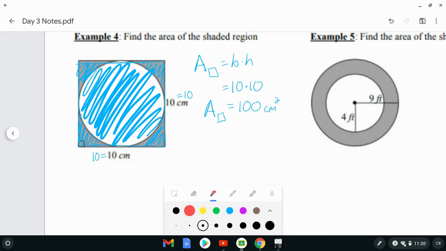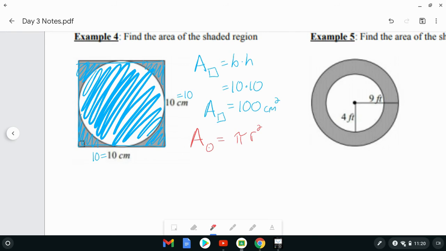But we want to get rid of that circle part. So the area of the circle is going to be pi r squared. So we need to know the distance from this center to the edge, but they don't give us that or anything inside the circle. But what we do know is that this circle is inscribed in the square. Because it's inscribed, we know that the diameter is equal to the side of the square.